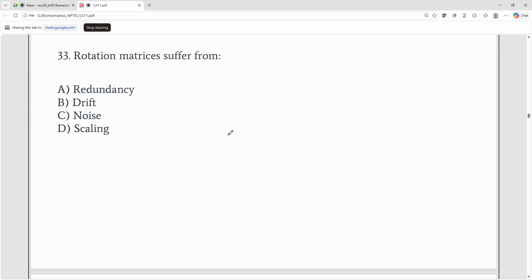Next question. Rotation matrices suffer from which among the following?